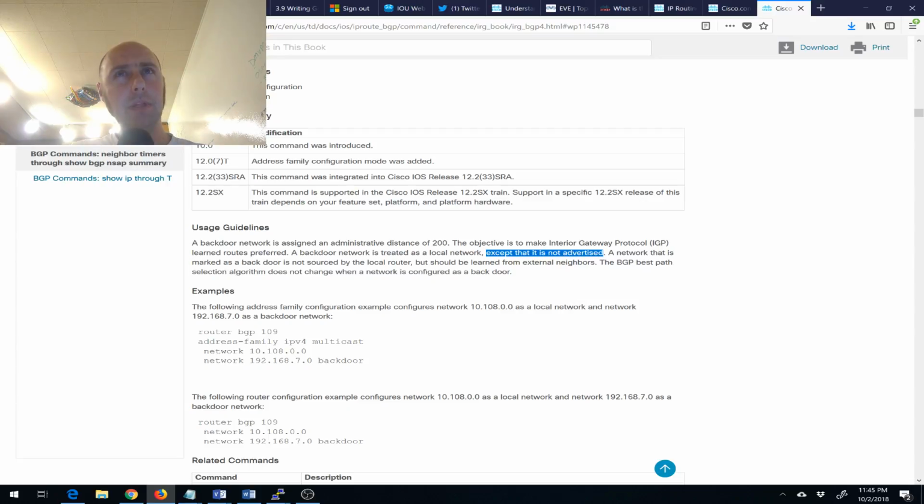So again, I don't think using this statement would make a lot of sense on a BGP transit router, one that is passing prefixes from one neighbor to another, because you couldn't advertise that prefix, whatever you use the backdoor on. But I guess it has its place. I definitely see the value in it. I understand how it can be used, and I think it was pretty cool. So I hope it was fun to watch.